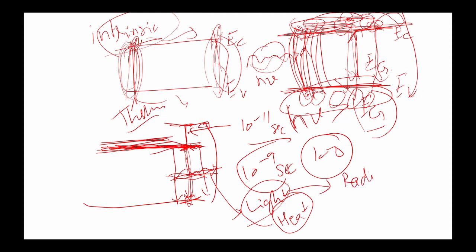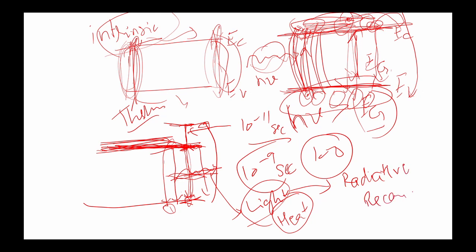Here, the electron in the conduction band is recombining with the hole in the valency band. Positive and negative charges are combining. The electron is falling from the conduction band, so we call it radiative recombination.